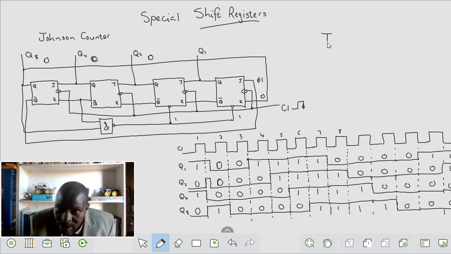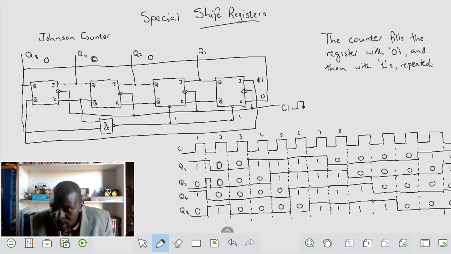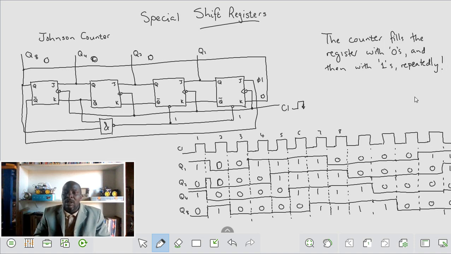The Johnson counter fills the register with zeros, and then with ones, repeatedly, as long as the clock pulses keep coming.